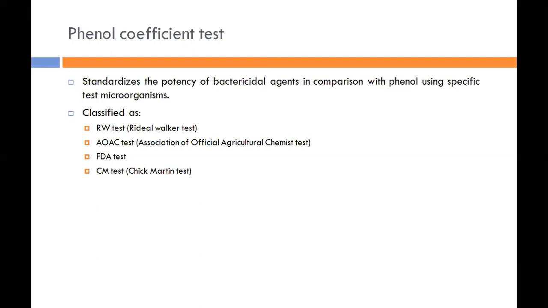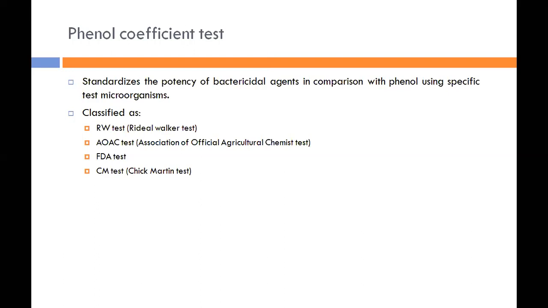You can see there are 4 tests enlisted on this slide. What are these tests? The first one is the RW test, the Rideal-Walker test. The second one is the AOAC, or Association of Official Agricultural Chemists test.